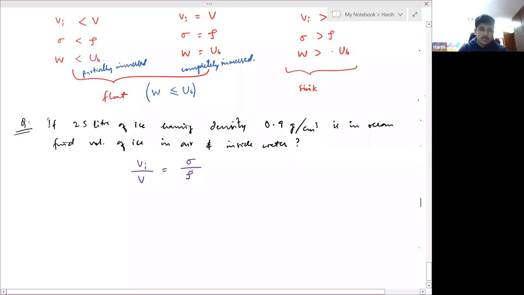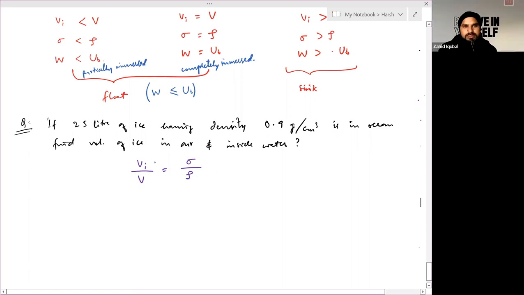Vi is how much volume of ice will be inside water, and V is total volume of ice. Rho and sigma are the densities of these two objects. Sigma is density of object, which is ice, 0.9 gram per centimeter cube, and rho is water, which will be 1 into 10 to the power 3 kg per meter cube.